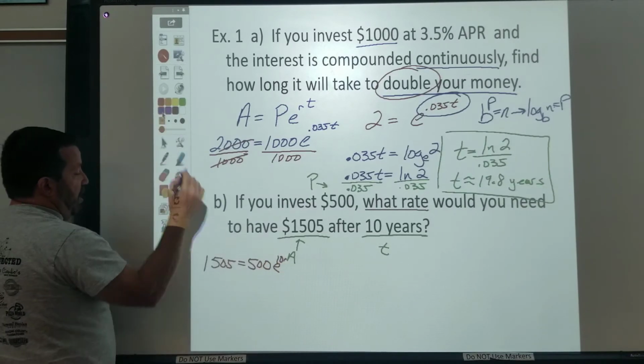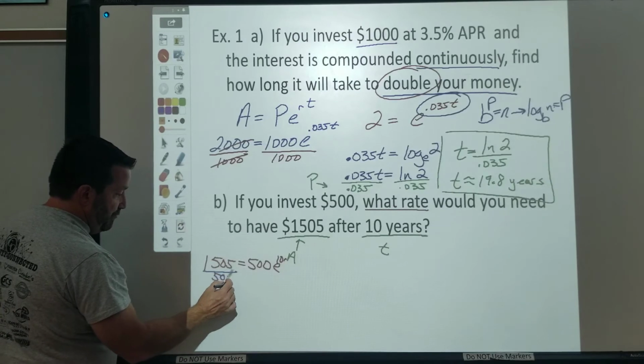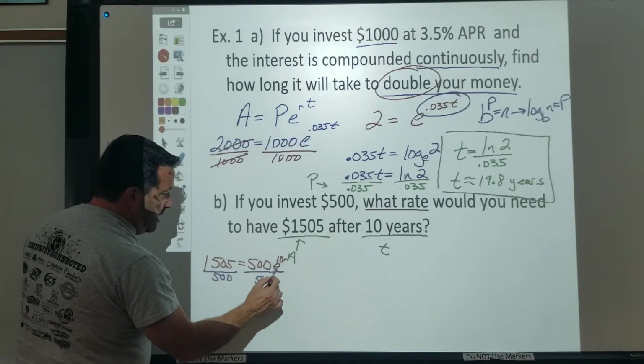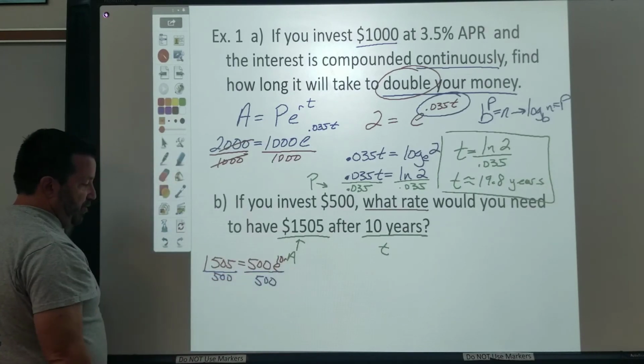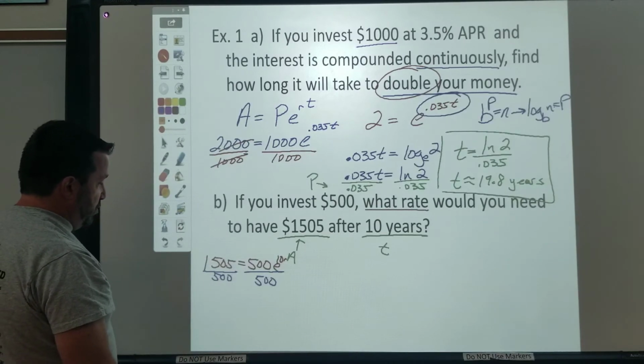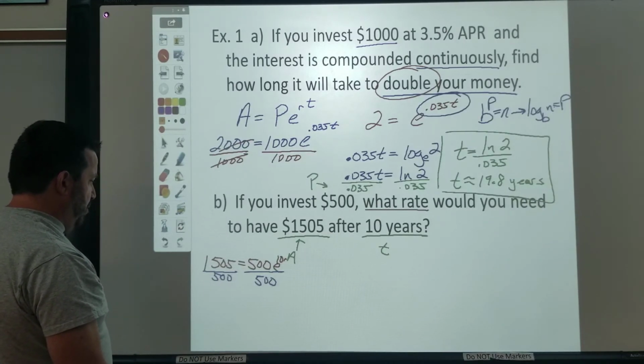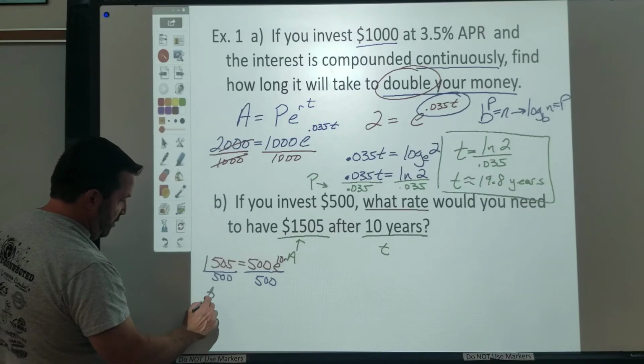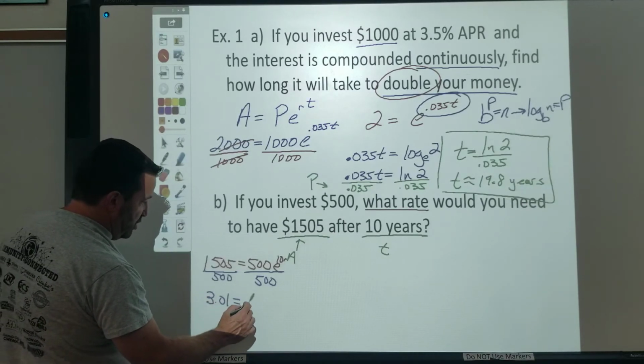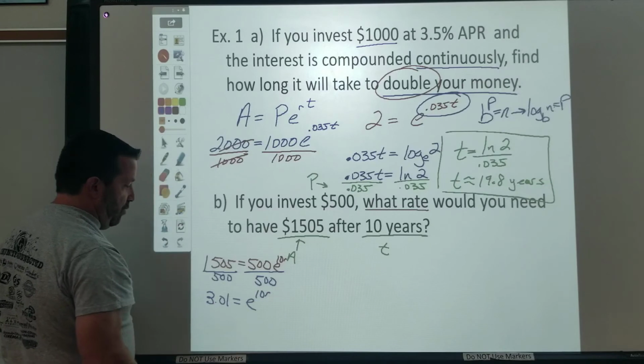So I'm going to divide by 500, always getting whatever the power is by itself first. So this is going to be 3.01, I believe, equals e to the 10r power.